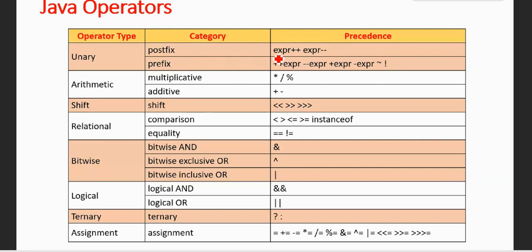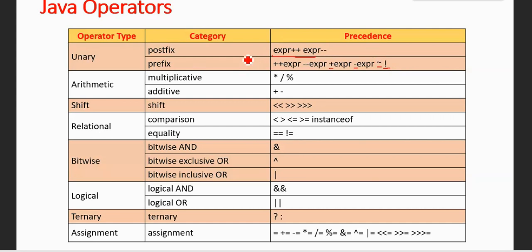An expression followed by plus plus we call a postfix, and an expression followed by minus minus is also called a postfix. The prefix starts with the operator, then the expression. So the prefix operators are plus and minus. These are all called unary. As well as we have the tilde operator and the exclamation symbol. So these are the unary operators which are available in Java.